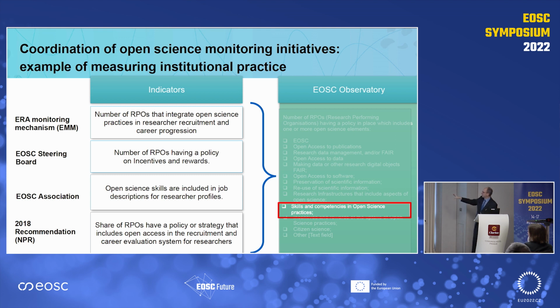We try to convert this into something where we can all agree on, making this easier. Finally, we don't want to kill all these monitorings, but the ERA can then go to the EOSC Observatory and just pull the information out there, and there has to be no direct interaction and asking questions and so on.